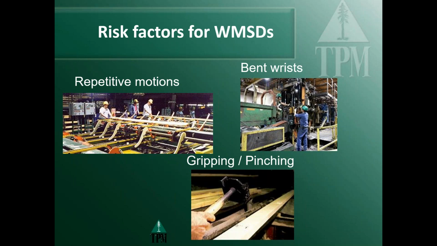And so we're not going to be able to eliminate those aspects from the job, not all of them anyways. But we might be able to decrease it, or we might be able to come up with a better tool or a better method, or move it closer, or we might be able to decrease the number of times they have to do it. And even decreasing something by 10%, that's a big win.